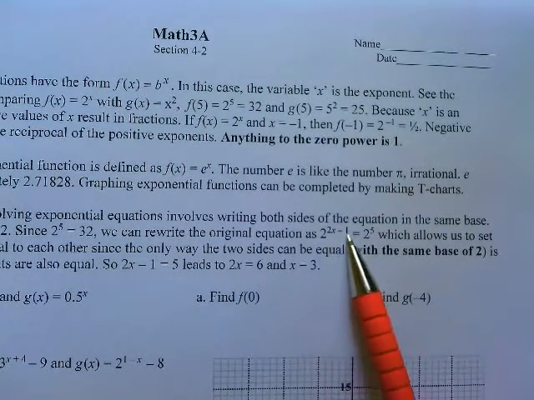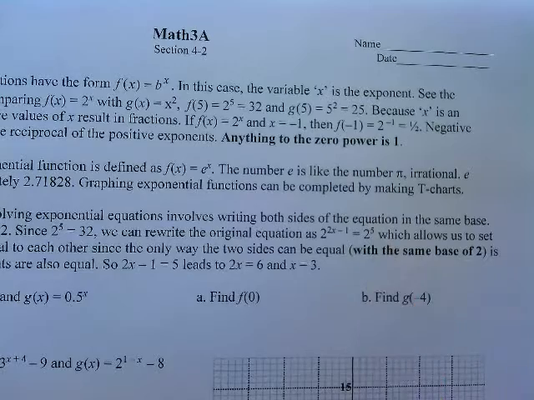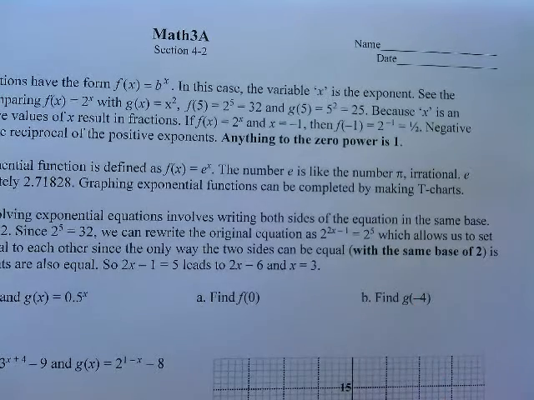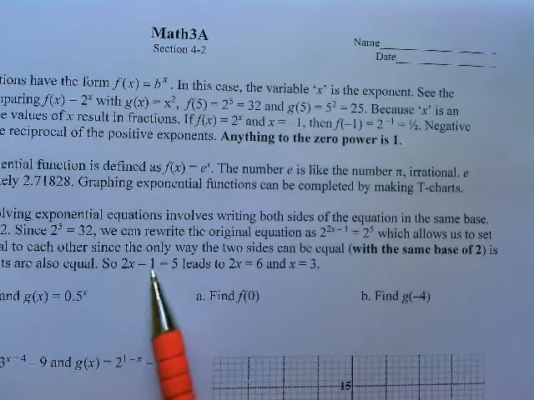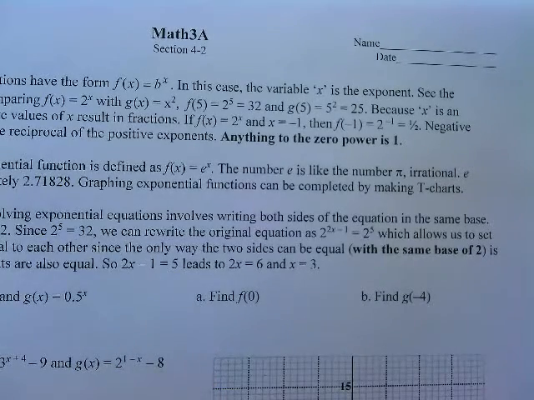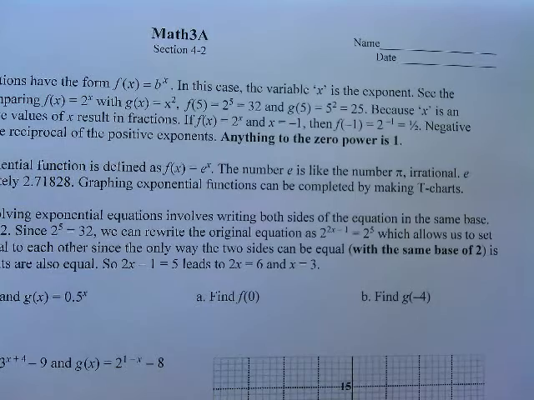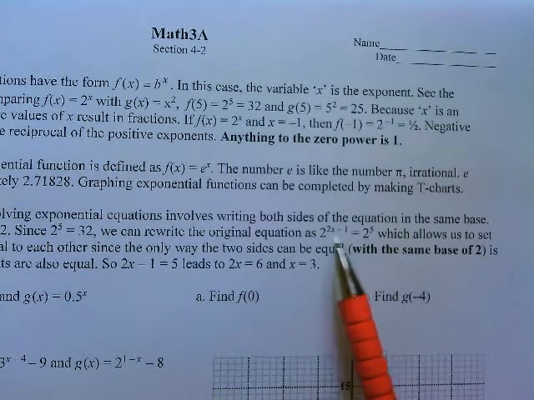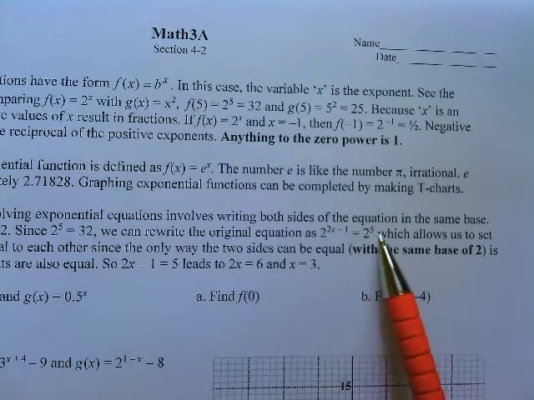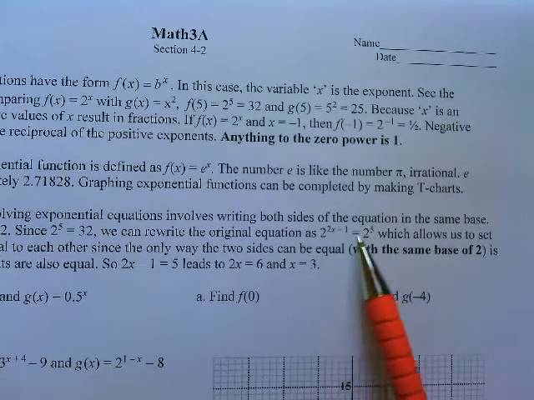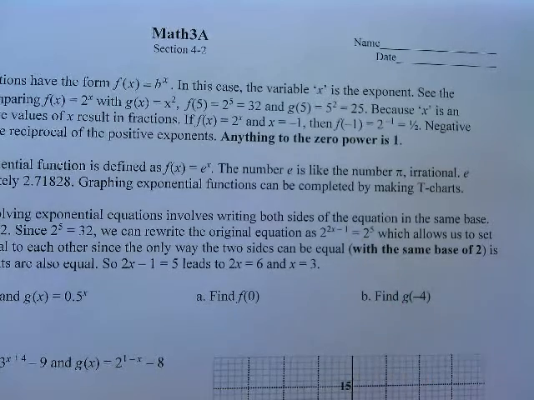And so here we have 2 to the 2x minus 1 equals 2 to the 5, which allows us then to make the exponents equal. In other words, we're going to have 2x minus 1 equals 5. It's not so much that we have done an operation on them, it's that the only way 2 to the 2x minus 1 equals 2 to the 5th can be true, since they both have the same base, is if they both have equal exponents.